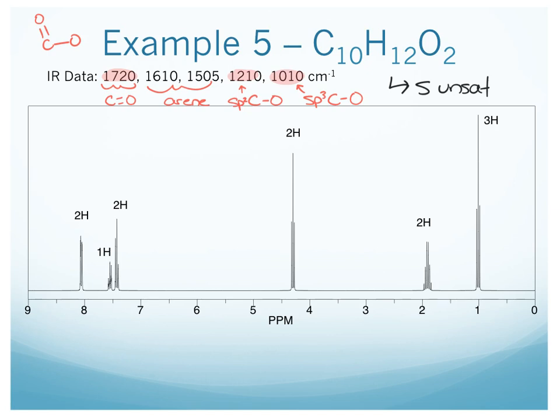Because we have our C double bond O stretch, our sp2 carbon-oxygen stretch, and then as long as this R group is sp3, we have our sp3 carbon-oxygen stretch. So now, using this information, that will help us with the structure, but again, we probably could have gotten there without the IR data.